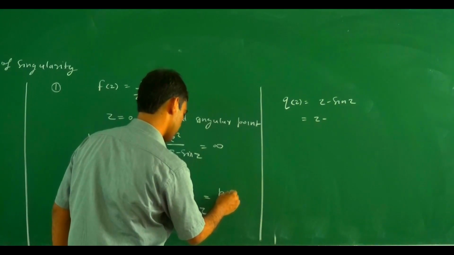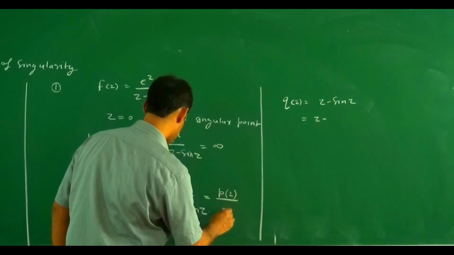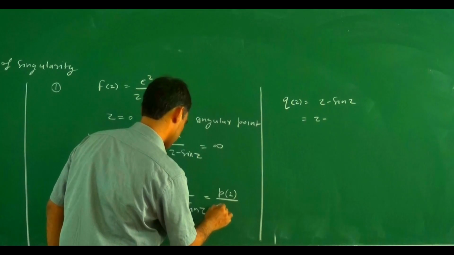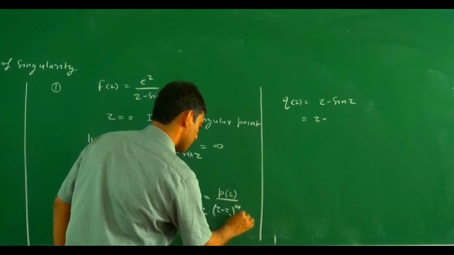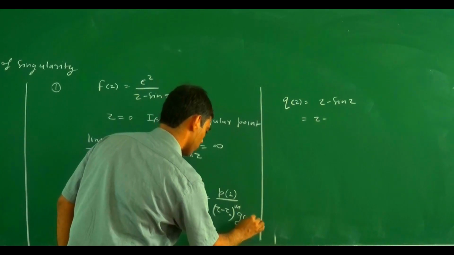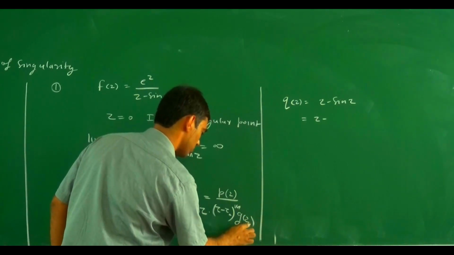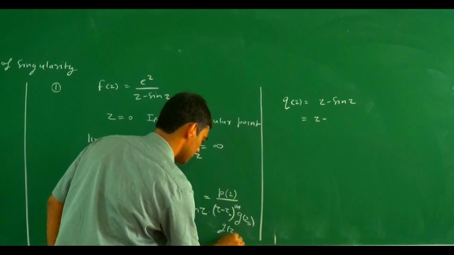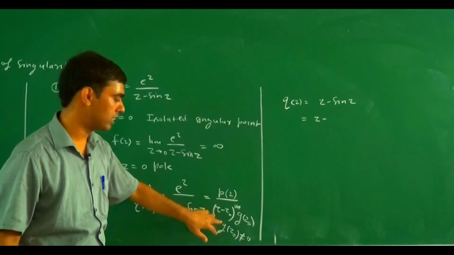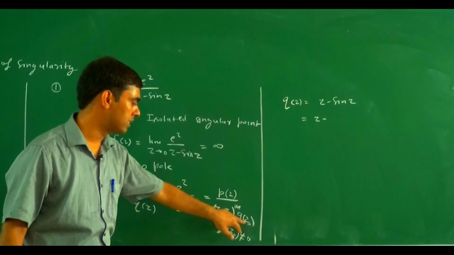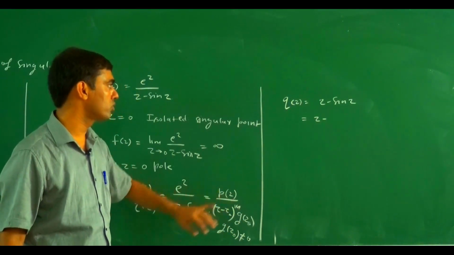p(z0) upon z minus z0 to the power m times g(z), provided g(z0) does not equal 0.